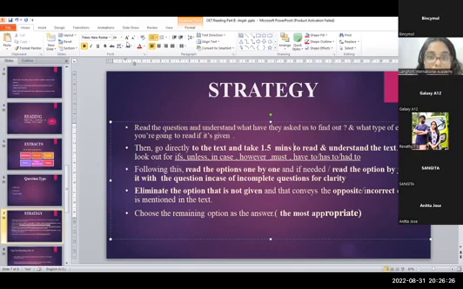So when you read the extract, today I put 50 seconds because of the session and everything, but you can take 1.5 minutes to read and understand each text. So at least spend 1.5 minutes to read and understand the text.